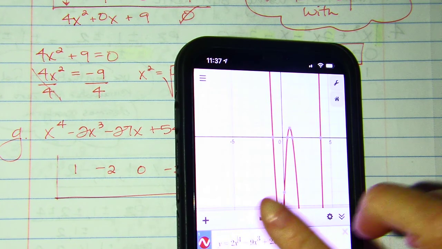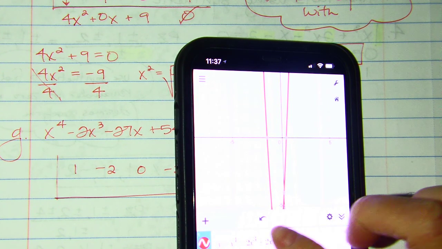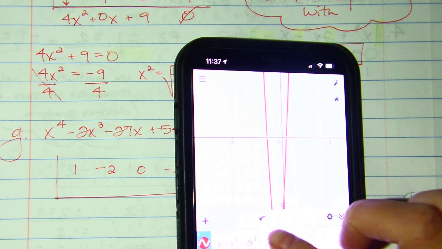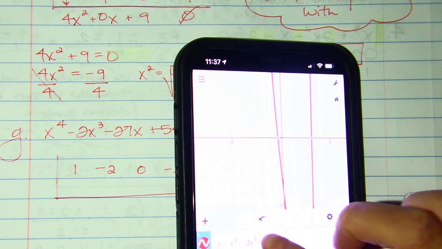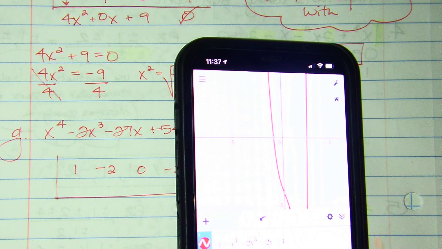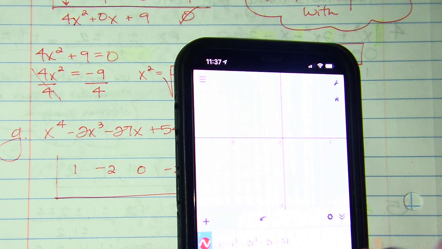So if I enter, I have x to the 4th. I'm just editing the last one, minus 2x cubed. Let's get rid of that one. Minus, let's change this to 27. And then this last part is plus 54.